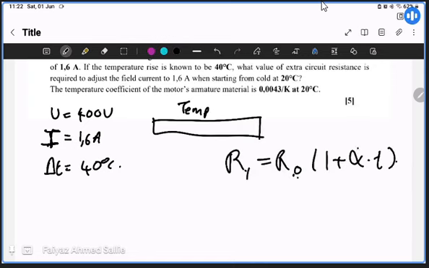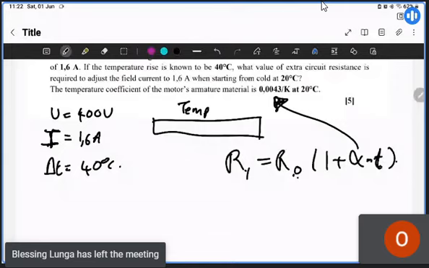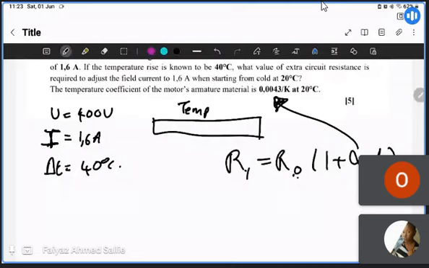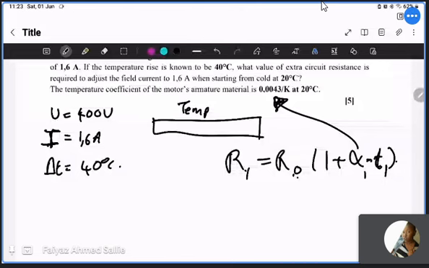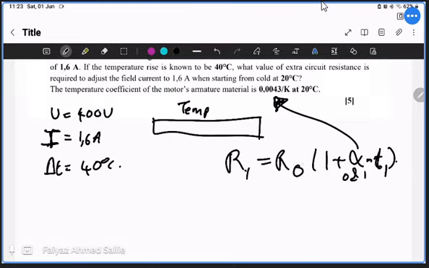So this over here is the coefficient of the material itself, and that temperature will be temperature 1. So temperature 1 and 0, sorry, 1 and then this is 0.